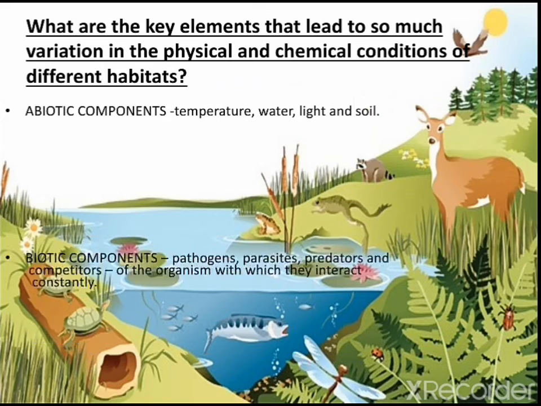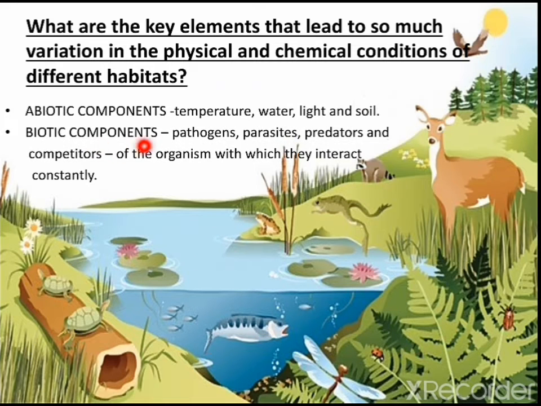And the next one is known as biotic components, which include pathogens, parasites, predators, and competitors, about which we will discuss in detail in the last part of this chapter. And these organisms, that is parasites, pathogens, predators and competitors, interact with each other constantly, and also they interact with the abiotic components, and this interaction is extremely important for the variation in the physical and chemical conditions.